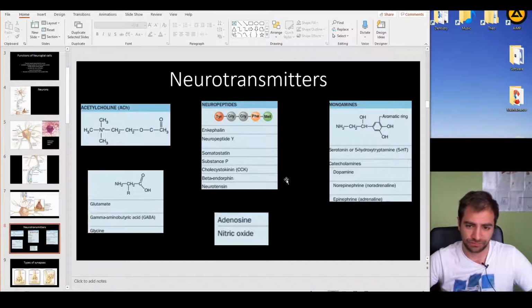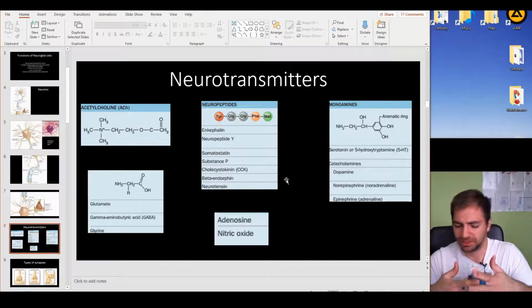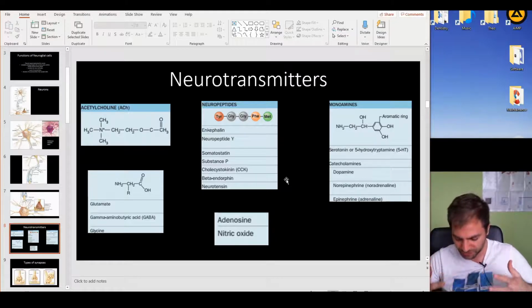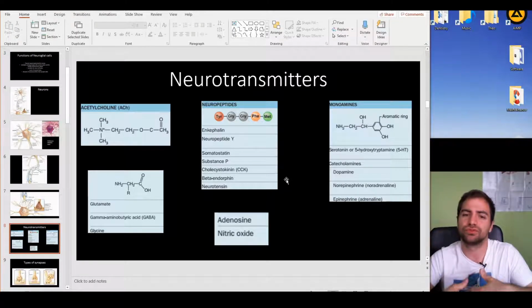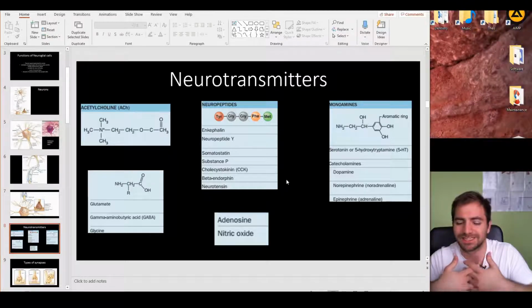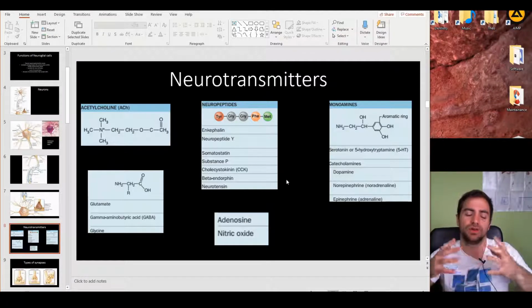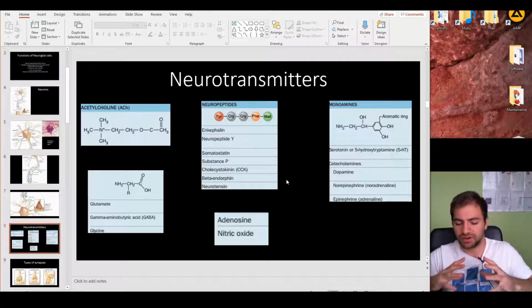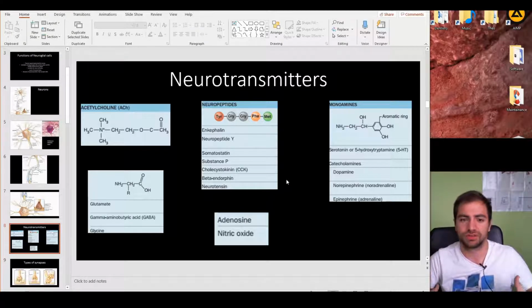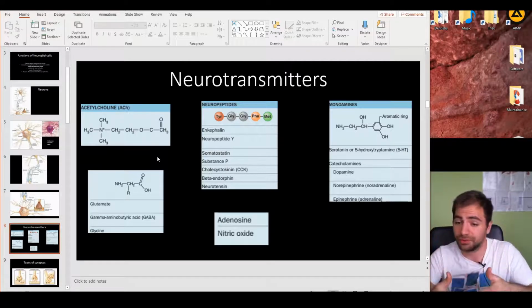So let's talk a bit about the neurotransmitters. As I said before, the neurotransmitters are the molecules responsible for the excitation or the inhibition of this signal. Now, the neurotransmitters are a very wide range of molecules. They can be as simple as acetylcholine, which is used in the muscles, as we saw in the muscle video, and of course we have many other molecules, for example the neuropeptides, the amino acids, or the monoamines.